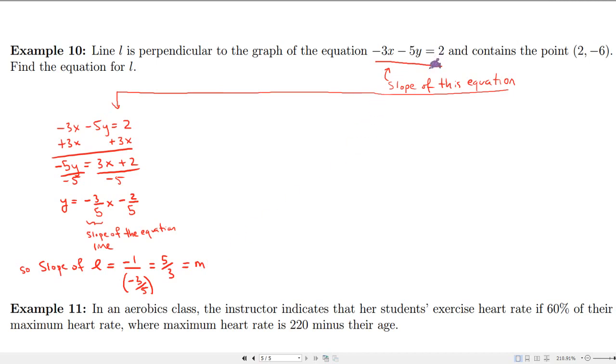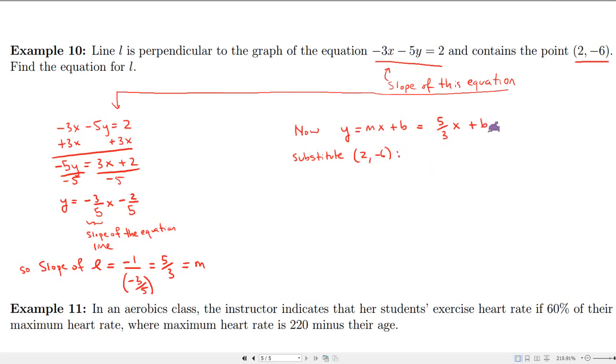Now we have to find b, right? So now, we're going to have y is equal to mx plus b. And we know m is 5/3, so we have 5/3 x plus b. Okay, but we also know that this point is going to satisfy this equation, so we can substitute (2, -6) in.